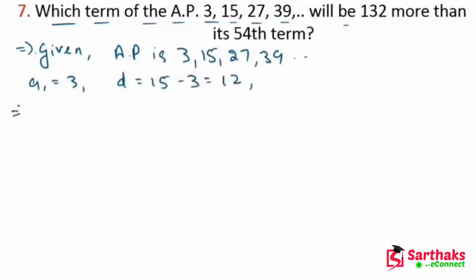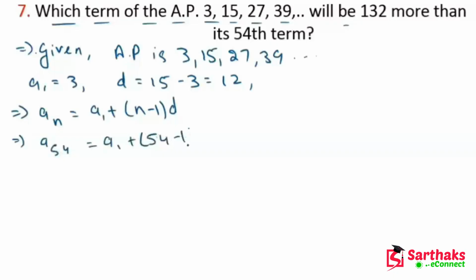We know that an equals a1 plus n minus 1 into d. So according to the question, a54 equals a1 plus 54 minus 1 into d, which is 12. The value of a1 is 3, so we can directly put it.